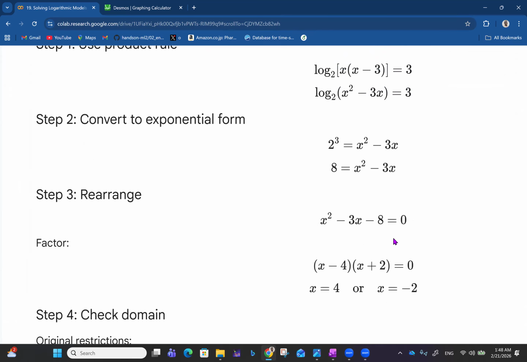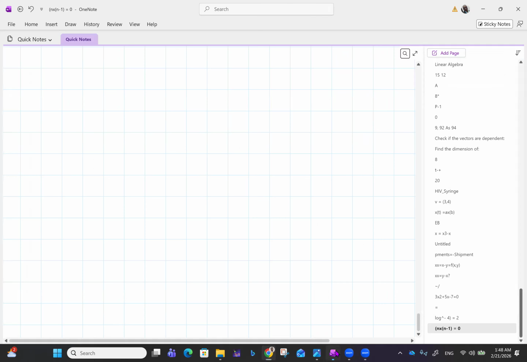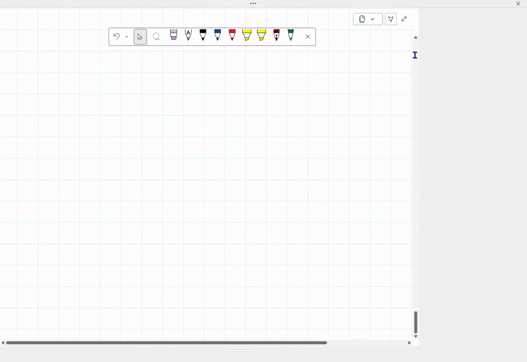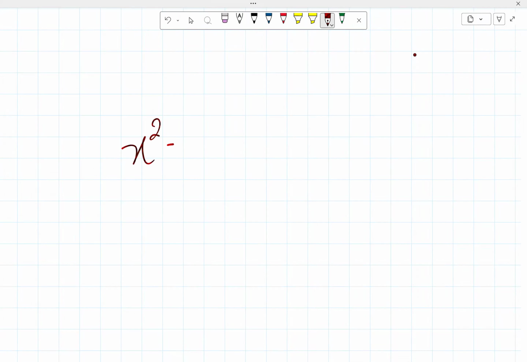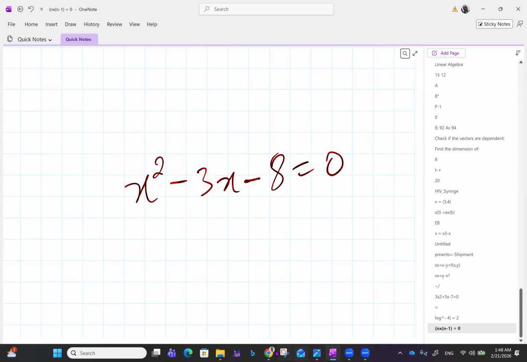I have doubts about this. Seriously, this is x squared minus 3x minus 8 equals 0. We need two numbers to multiply. I don't think this works though. Yeah, something is definitely wrong with this.